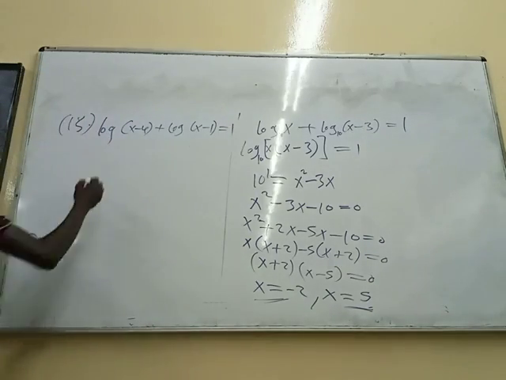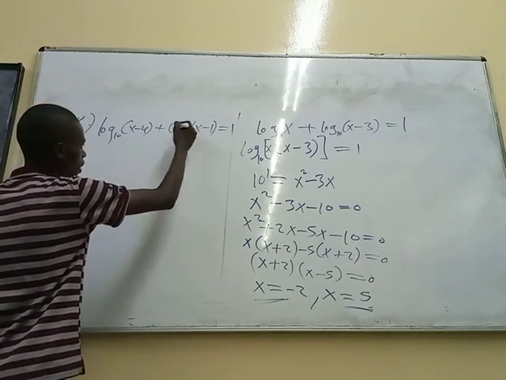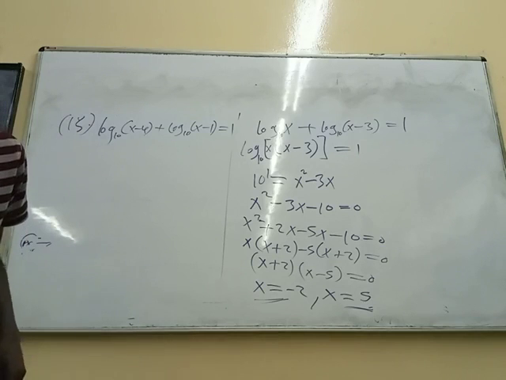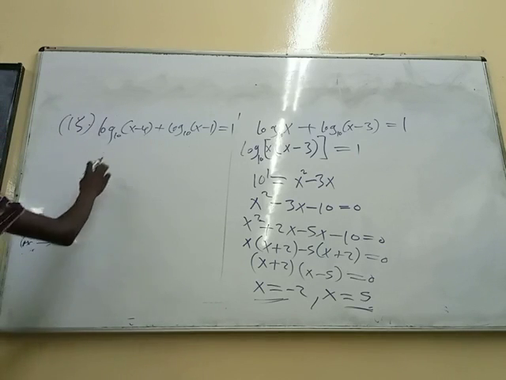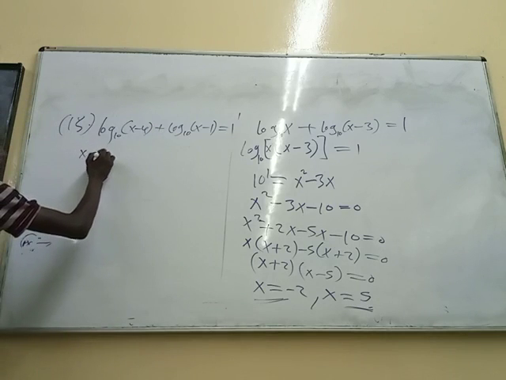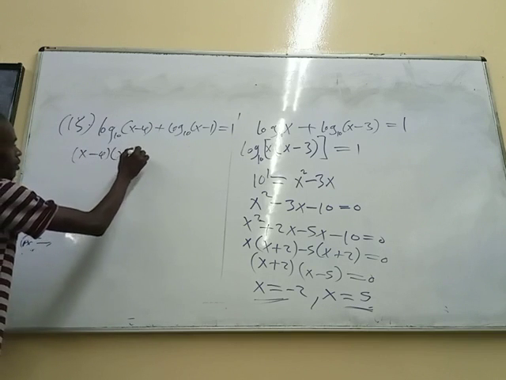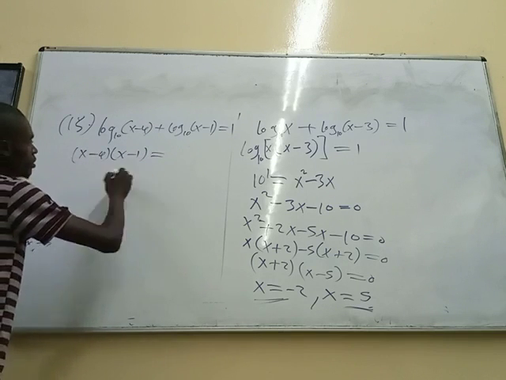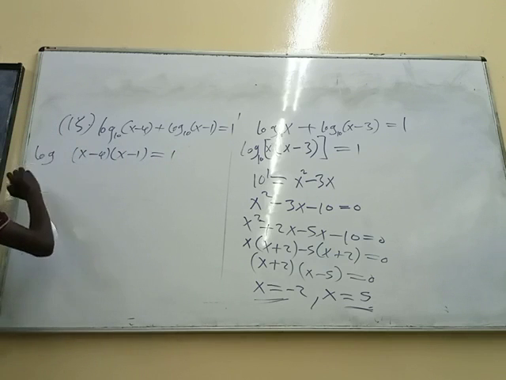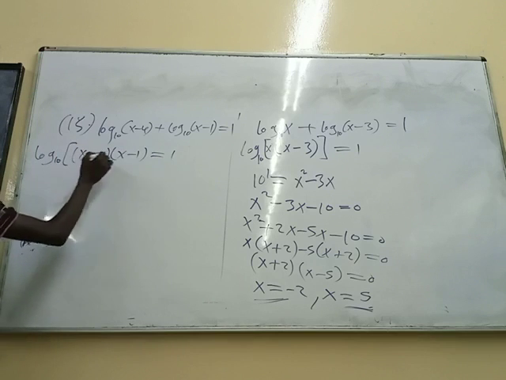So you do the same. They all have the base 10. Since you're adding, you're going to multiply the functions there. So we're going to have x minus 4 and then x minus 1 being equal to 1. Then we have our log this side, base 10.